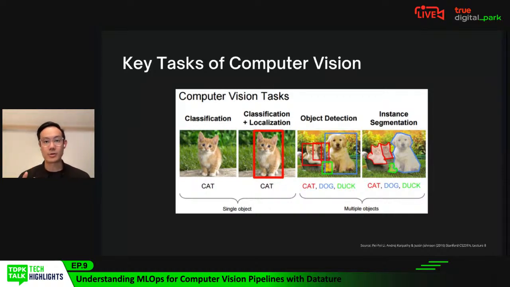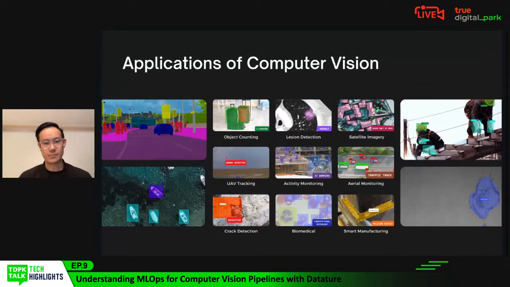And remember, the model only can look at the pixel values of this data and just make this kind of judgment. So there are many applications of computer vision as introduced earlier.